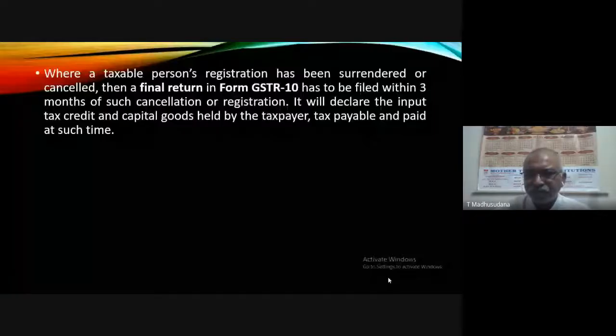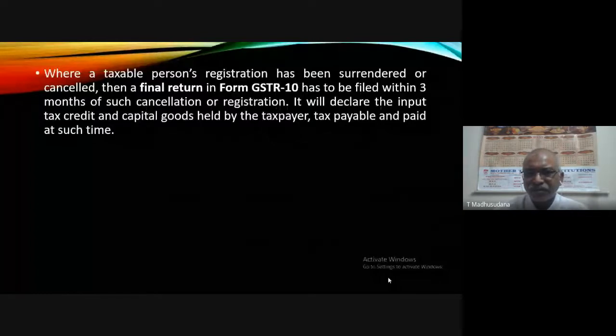Where a taxable person's registration has been surrendered or cancelled, a final return in form GSTR 10 has to be filed within a month of such cancellation.